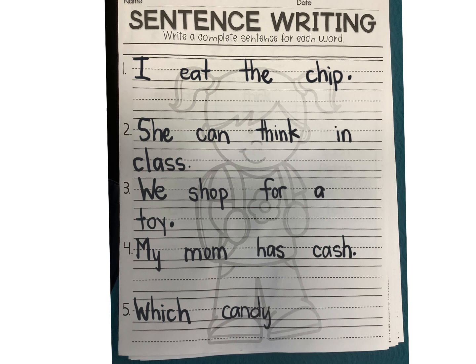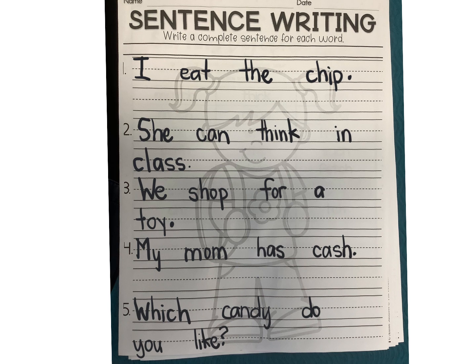Which candy do, and then I'm going to go the next line, you like. Now, if I'm asking a question, I'm not going to put a period at the end of the sentence. I'm going to do a question mark.